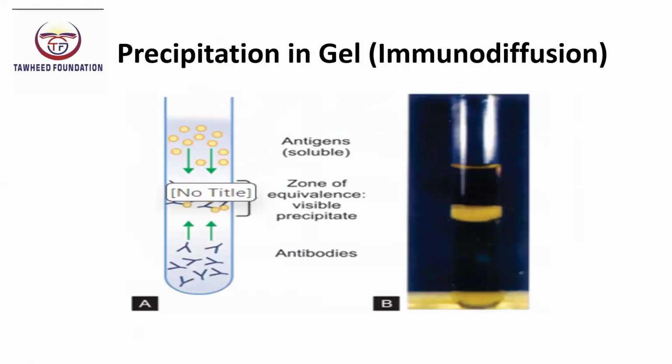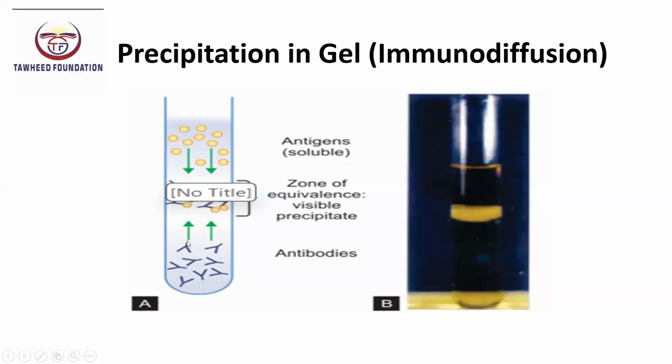Next is precipitation in gel. The precipitin ring test is a simple tube method used to detect an antigen antibody reaction in solution. It demonstrates how soluble antigen and antibody interact to form a visible ring of precipitate at their zone of equivalence.